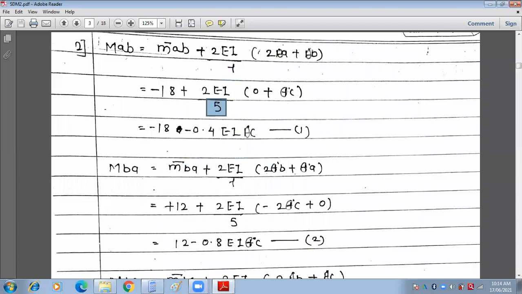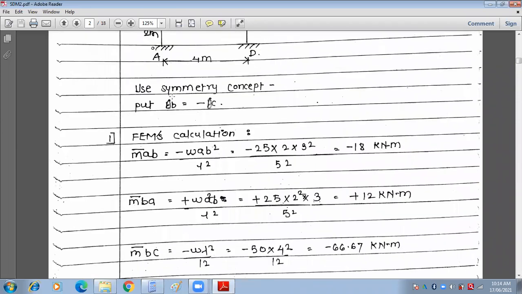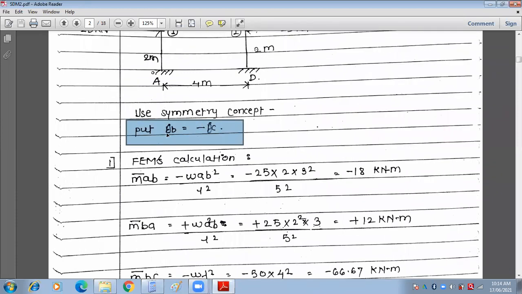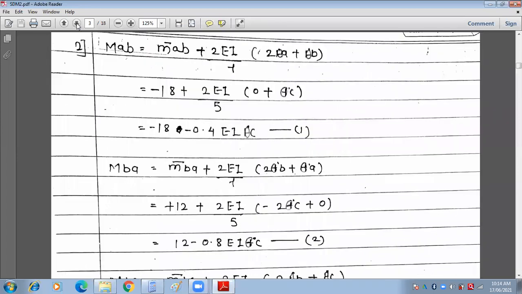You may put this value either in theta A or theta B. As we have seen previously, due to symmetry, theta B is equal to minus theta C. Instead of increasing the number of unknowns, instead of theta B we are using theta C, and this term will be minus.